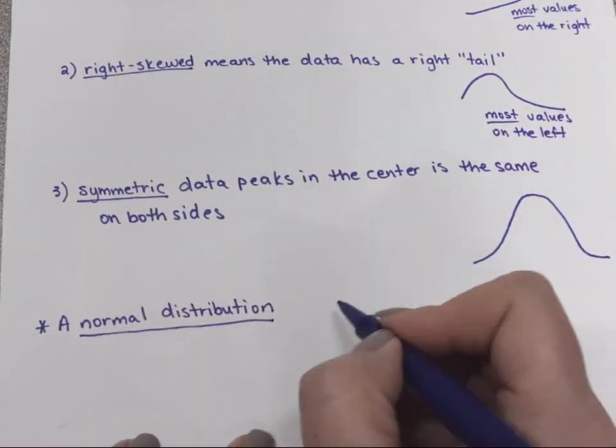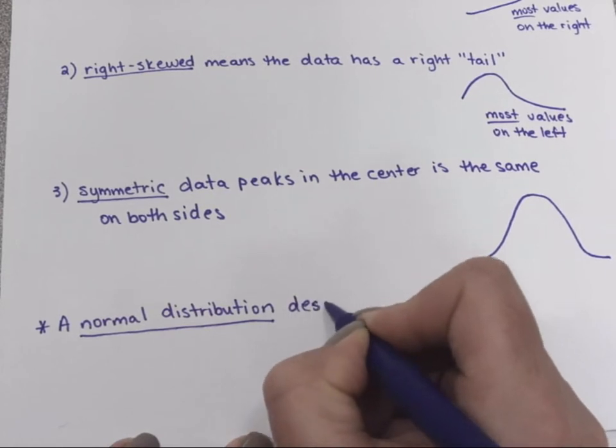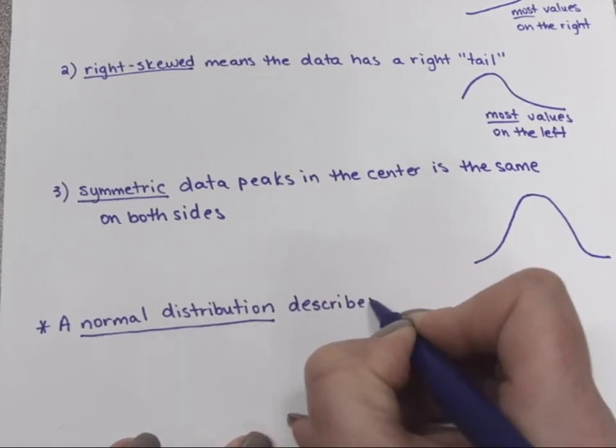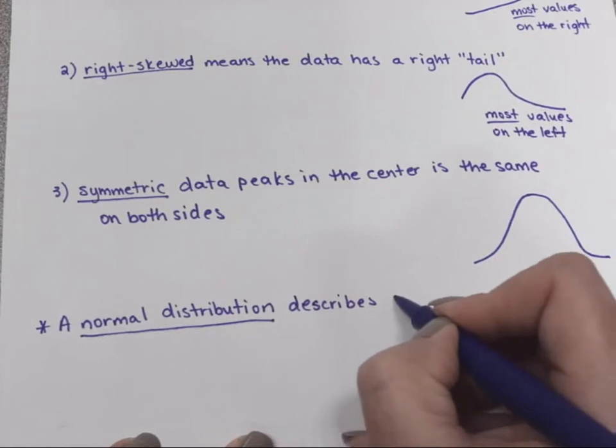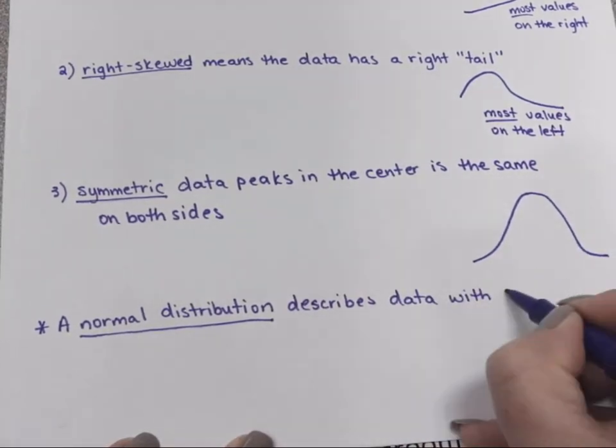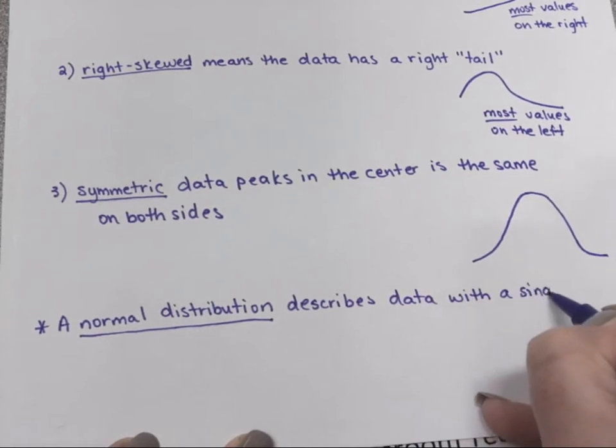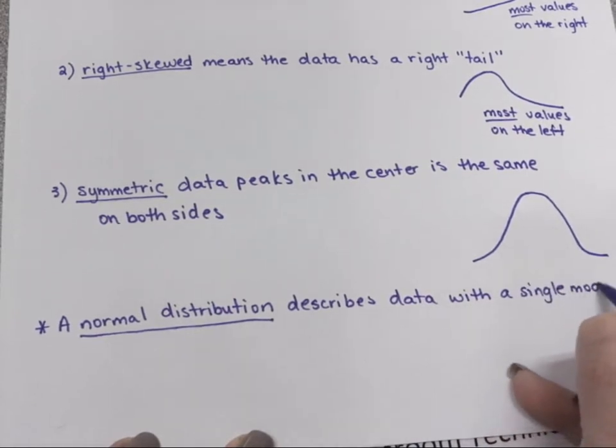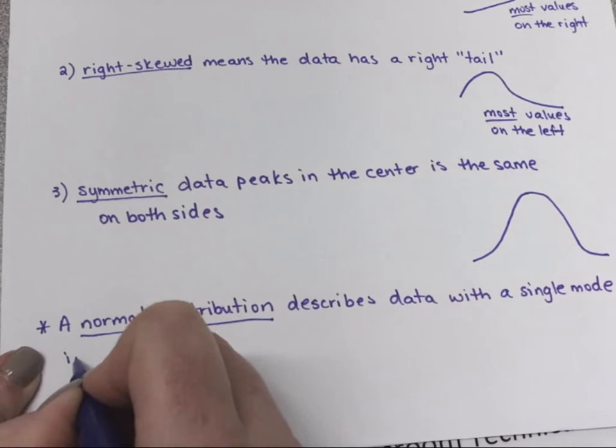A normal distribution describes data with a single mode, in other words, a single peak, a single mode in the center.